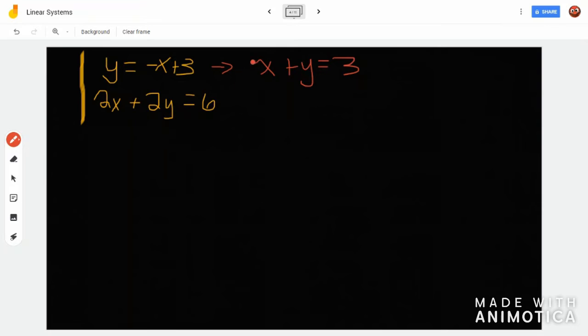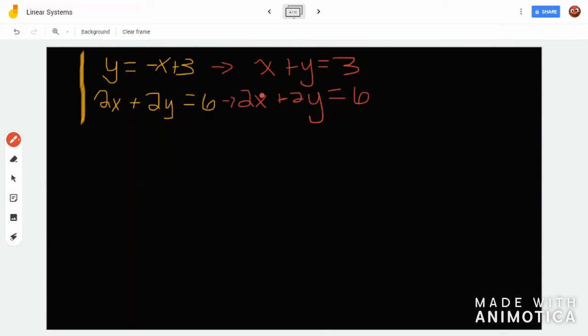Now I'll have my x lined up and my y lined up and my number lined up. However, I'll move this one over so we can see it better. 2x plus 2y equals 6. Okay, everything's all lined up.